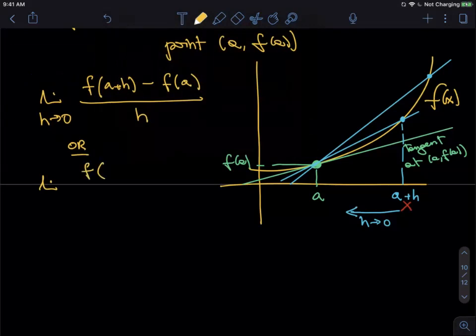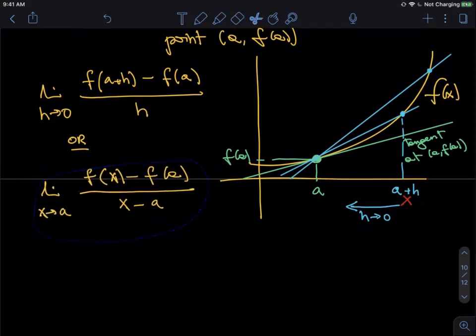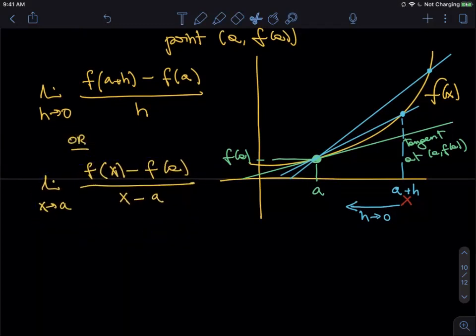The total gain would be f of x minus f of a, the height at the end minus the height at the beginning, divided by the total distance, which is x minus a. And then we want x to be closer and closer to a. So the limit as x tends to a. So these are the two possibilities for the slope of the tangent line. Okay.